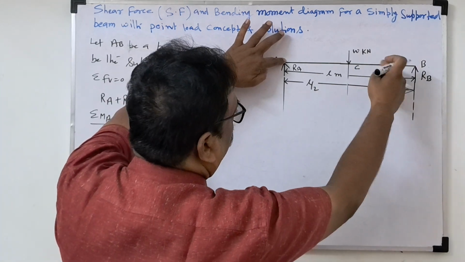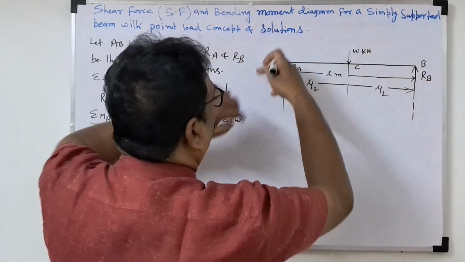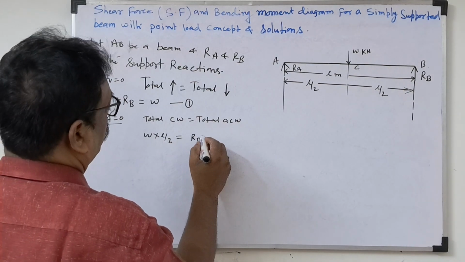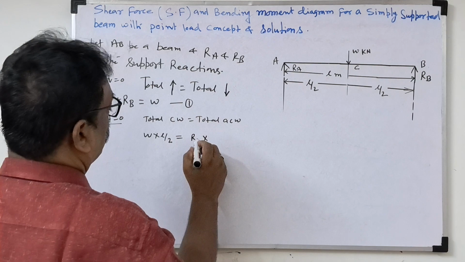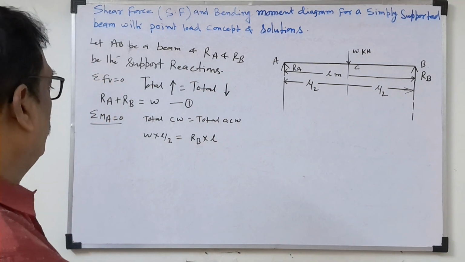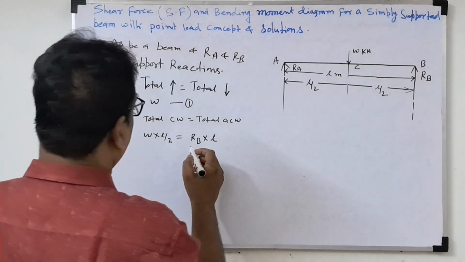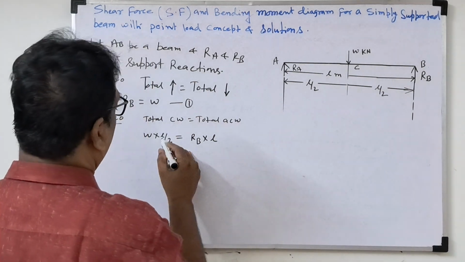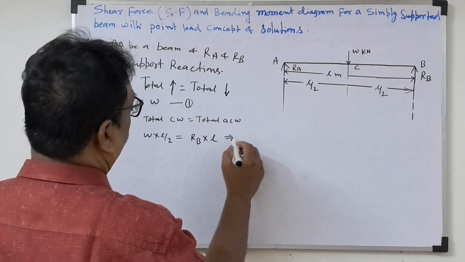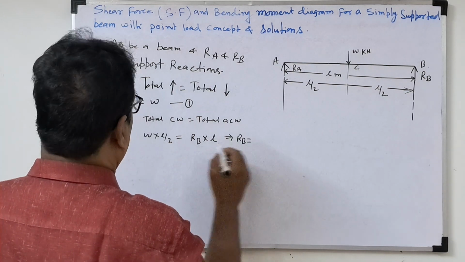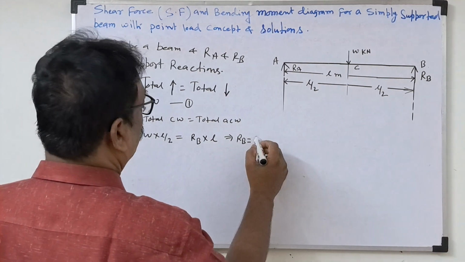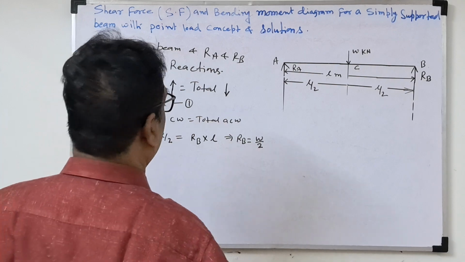Now another force, RB only. RB will be the anti-clockwise, so equal to RB into total length L. So L by 2, L will get cancelled, RB is equal to W by 2.